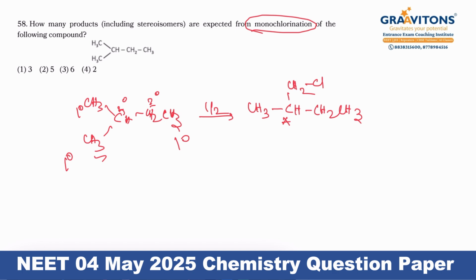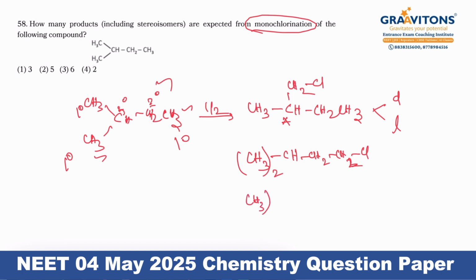So here we have 2 forms, that is D and L. And if I go for attack on this primary methyl group, I can have CH2 here and CH2Cl, and no optical centers, so only one isomer exists here. And when I go for secondary substitution, I can find CH3 twice, CH, here CHCl and CH3. Again you can find one optical center here, and this gives rise to D and L forms.